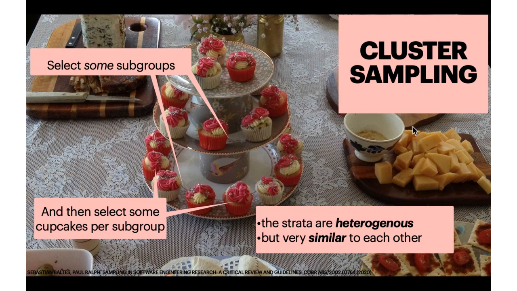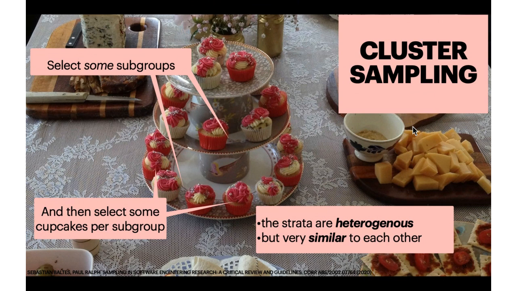We have a very big company. It has 20 offices around the world. There is no way that a researcher can travel and visit all 20 offices. So instead, the researcher selects 3 offices, stage 1, and then selects 7 participants in each one of those offices. This is a cluster sampling.